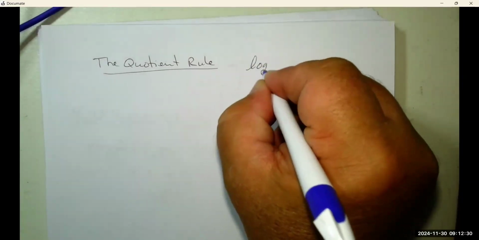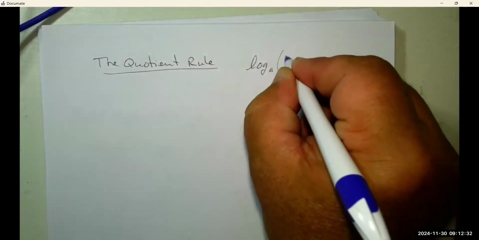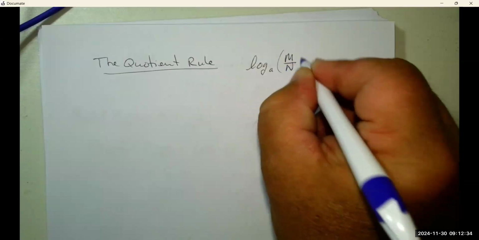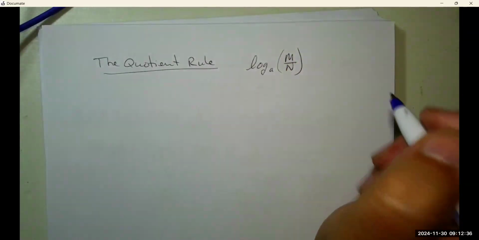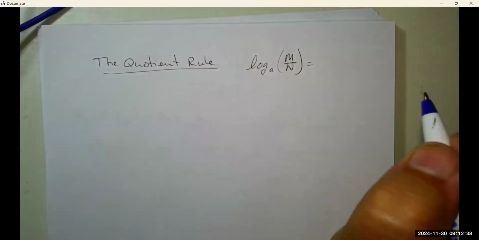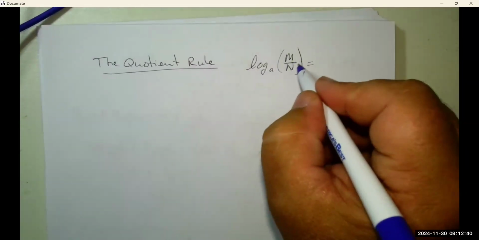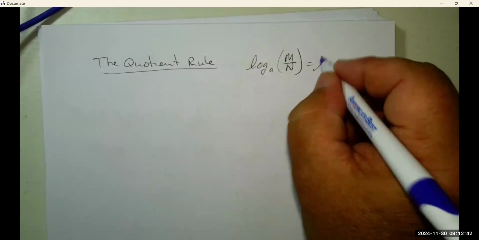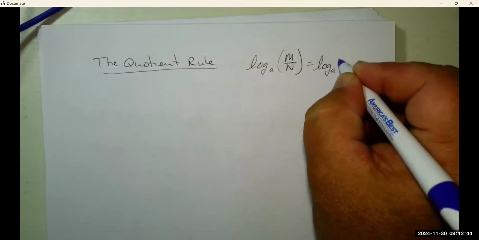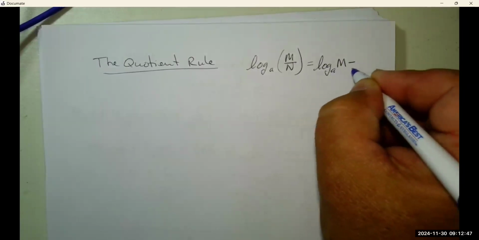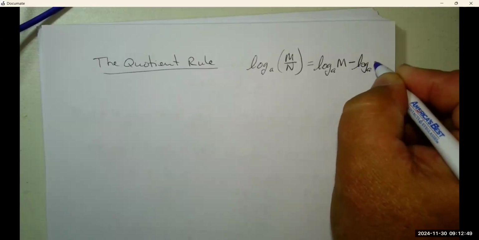If you have a log base a of a rational expression, because fractions make things smaller, we can split these up: log base a of m minus log base a of n.